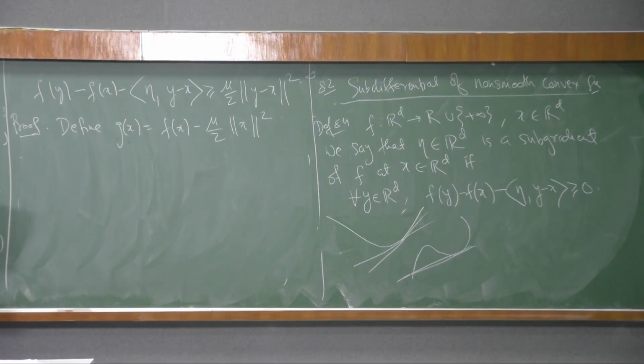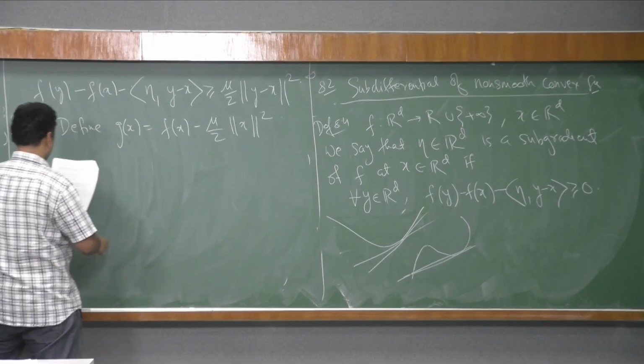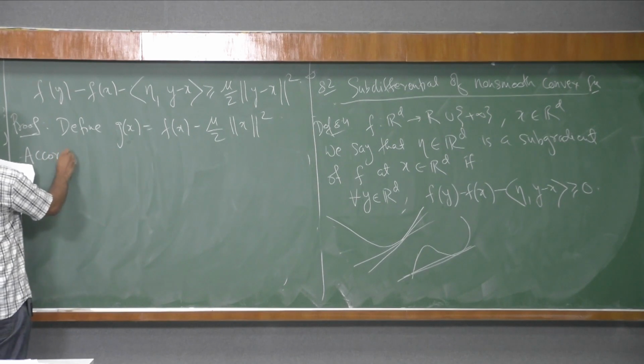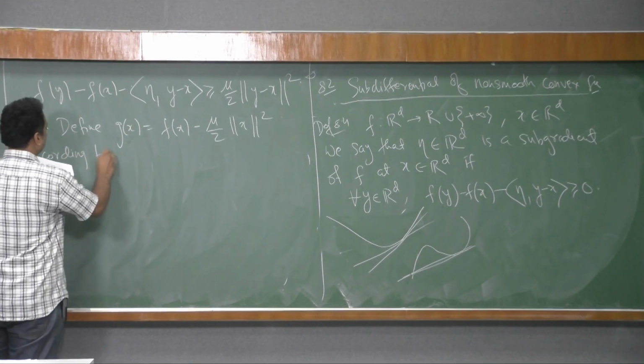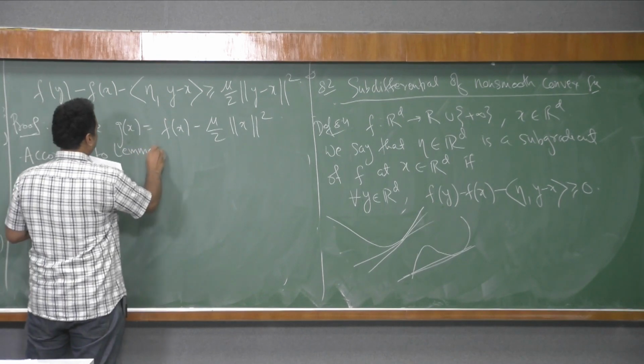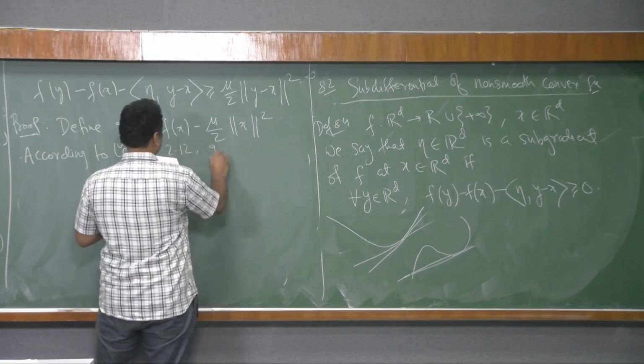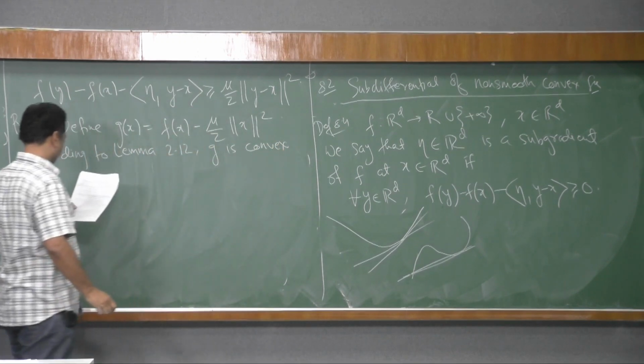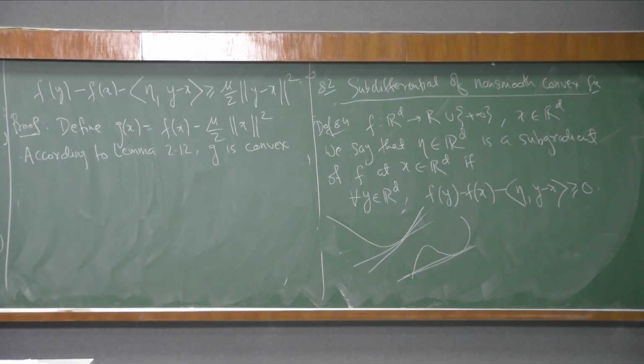So according to Lemma 2.12 in the notes, g is convex. It is also LSC and proper.